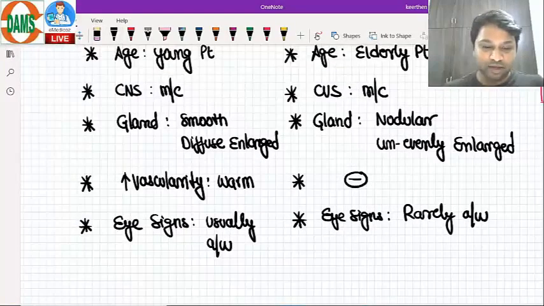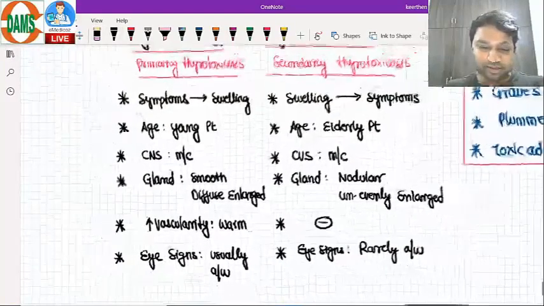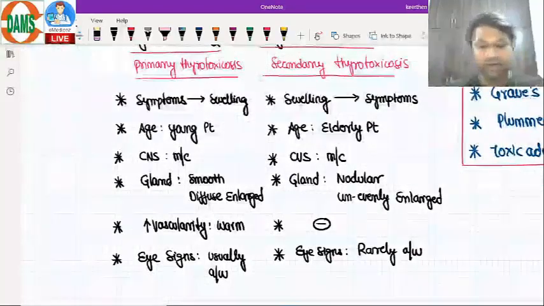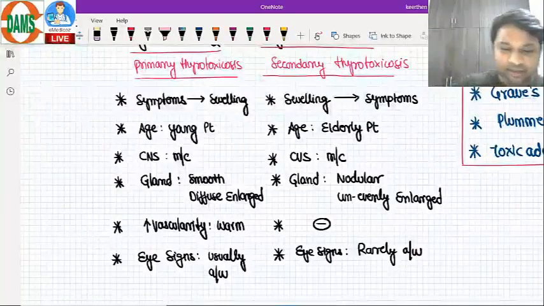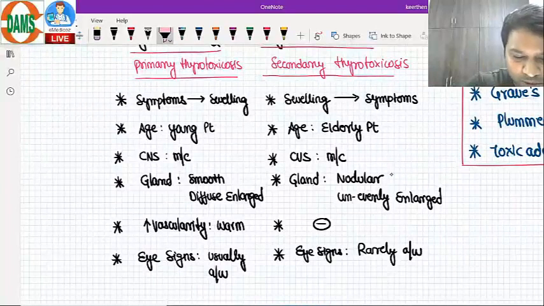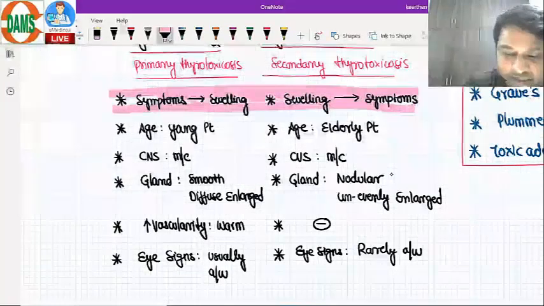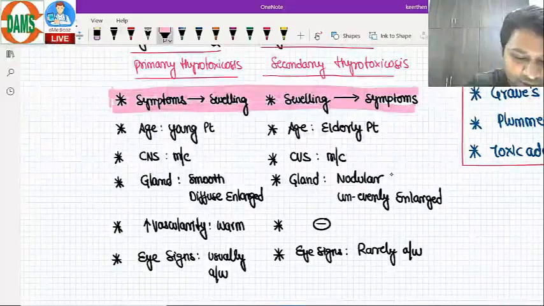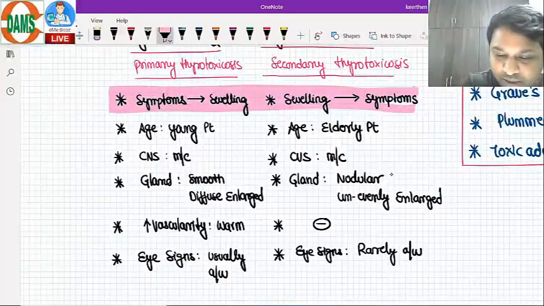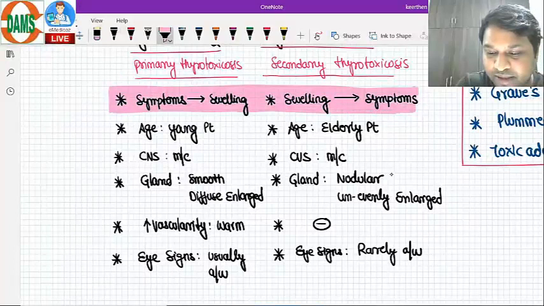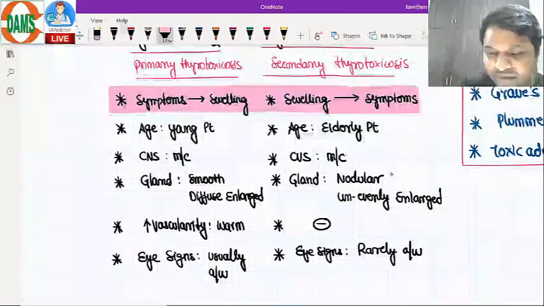So this is the root difference that you should set in your mind. Of all the differences that I've stated, the most important one to emphasize is this. This is how you will know clinically whether the swelling you're looking at is primary or secondary thyrotoxicosis, because both will present with toxic symptoms.